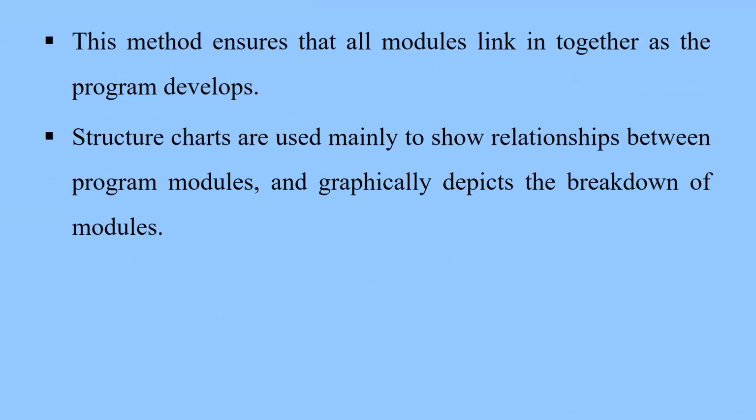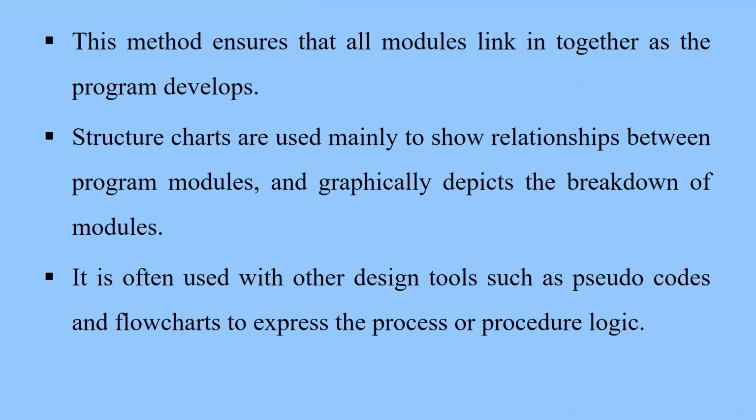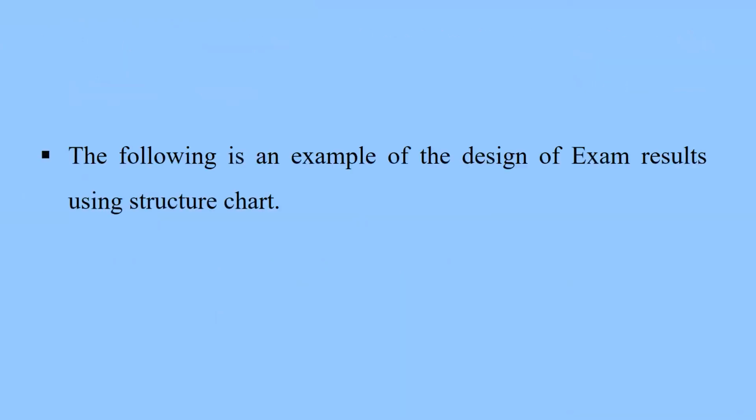This method ensures that all modules link together as the program develops. Structure charts are used mainly to show relationships between program modules and graphically depict the breakdown of modules. They are often used with other design tools, such as pseudocode and flowcharts, to express the process or procedure logic. The following is an example of the design of exam results using a structure chart.